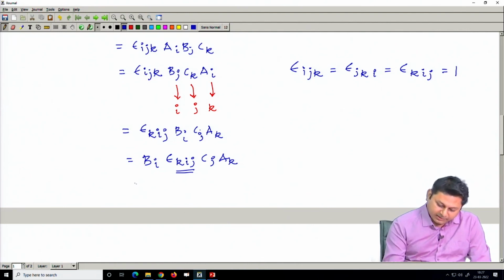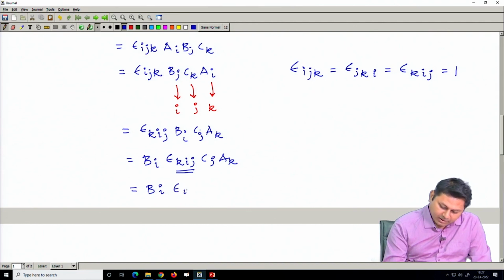So, that means I can write this as b_i epsilon_kij, and this one I just replaced epsilon_ijk, because both the things are 1, and then c_j, then sorry, here it is a multiplication, c_j a_k.